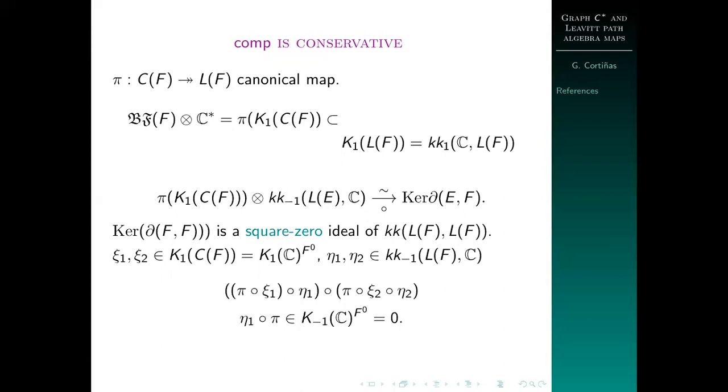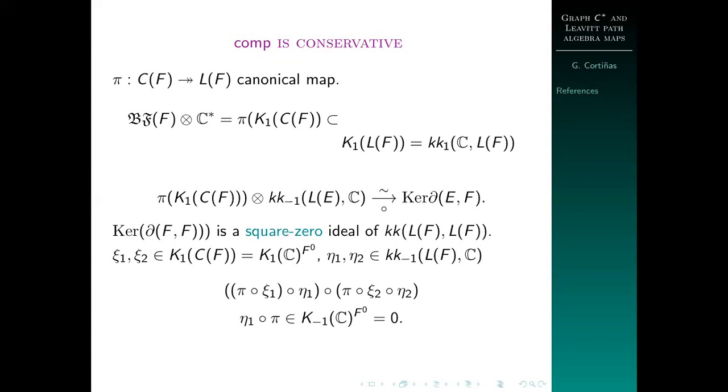So when I do the product, in the middle of the product, I have eta1 composed with pi. Now pi goes from CF to LF. In KK, CF means a number of copies of C, right?